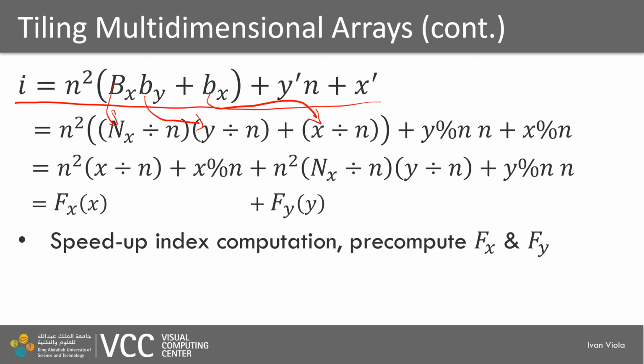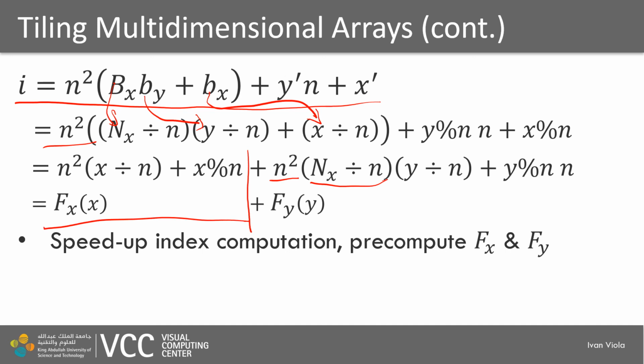the correspondence here, and we also see that we can separate some of these calculations. If we multiply, for example, with this n squared, we can separate this information into parts which can maybe be pre-computed, such as nx divided by n, or, for example, n squared, of course. But besides that, we can also separate it into two parts.